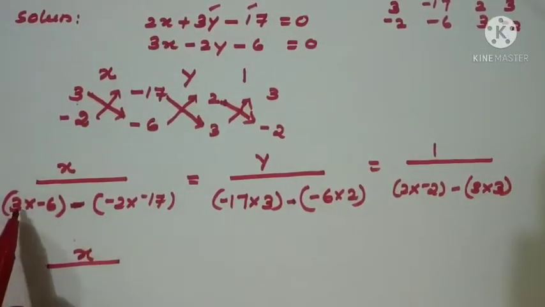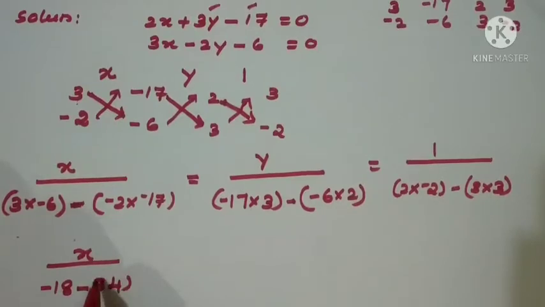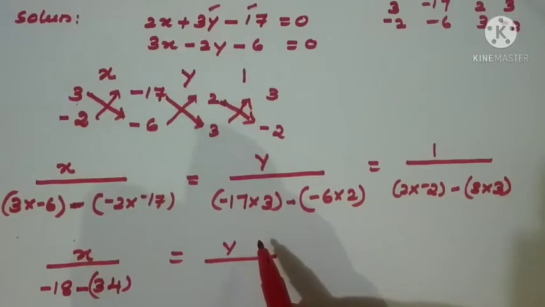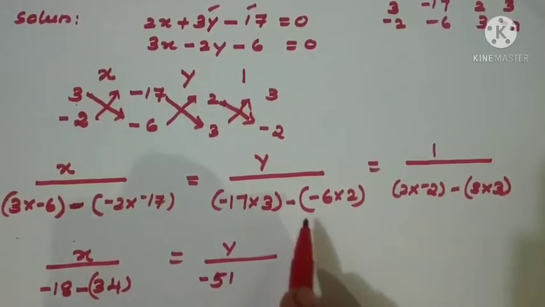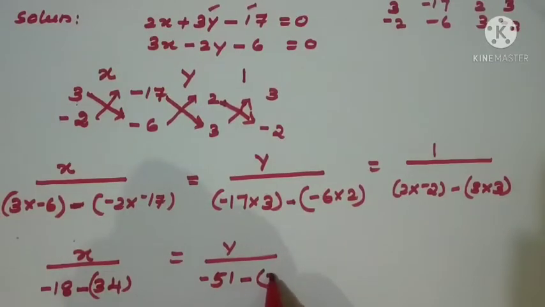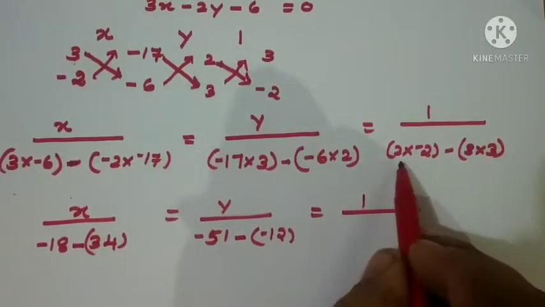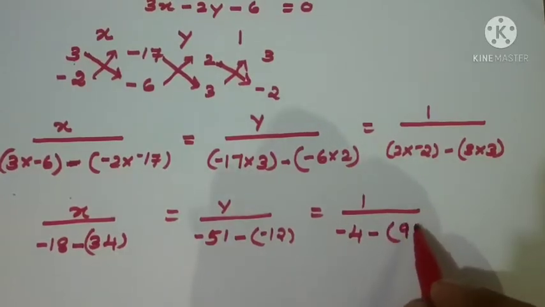x divided by 3 into minus 6 is minus 18, minus, and 17 into 2 is 34, both are minus, so the answer is plus 34. So here I got plus 34. Again y divided by minus 17 into 3, that is minus 51. By the formula one minus sign is there, again minus 12. What is the last term? 1 divided by 2 into minus 2 is minus 4, minus by the formula 3 into 3 is 9.